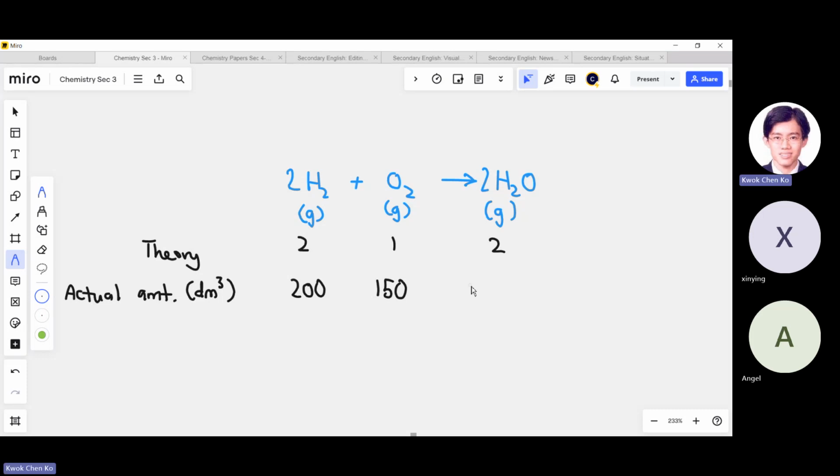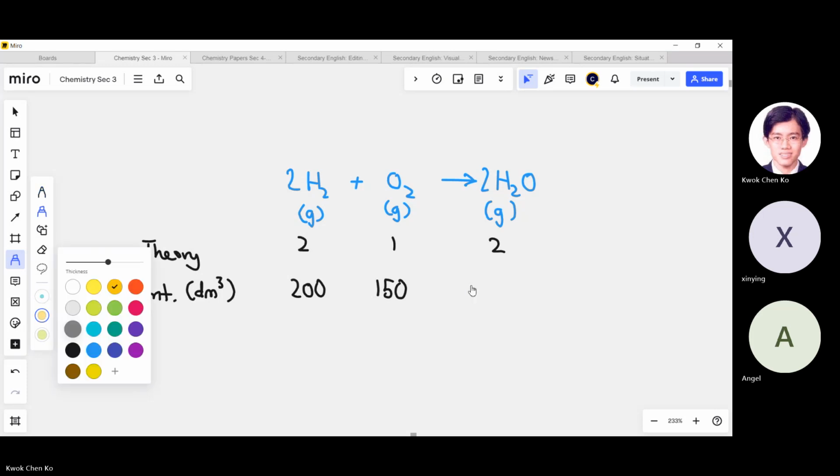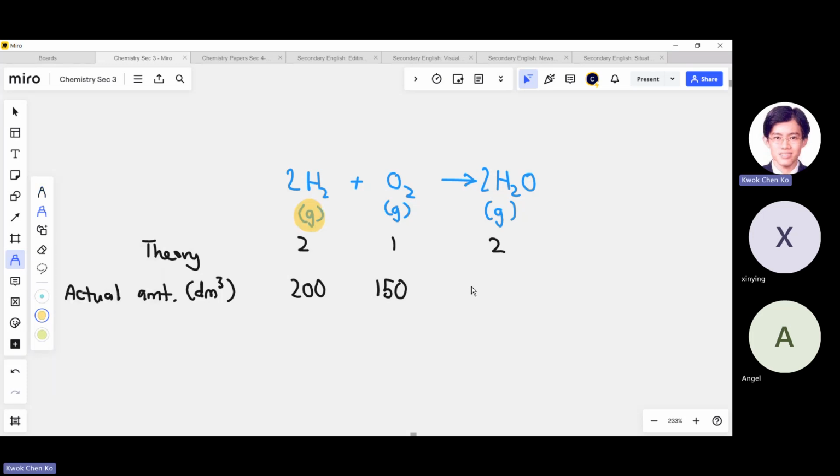It's not in moles, it's not in concentration units. Check, make sure all are gases. Find out who is limiting, who is in excess, how much product is formed. Three questions only.